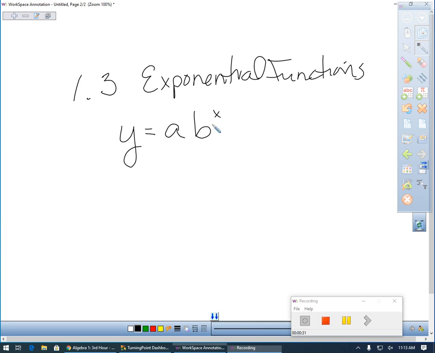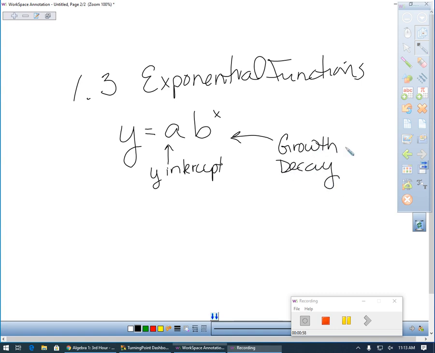That's the basic form, where the a is the y-intercept, and the b was the growth or decay factor. If it was a growth, then b was greater than 1. If it was decay, it was between 0 and 1.